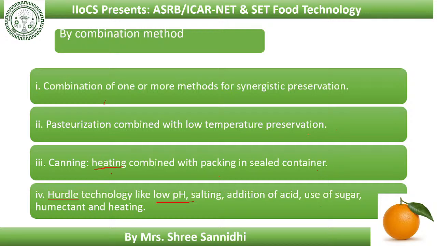The organisms which can survive at low pH will have to tackle the salt. Salting will create osmosis, right? So low water activity is created. The organisms which can survive here also will have to face the addition of acid and the addition of sugar or humectant. Like this, various methods of preservation are combined in one single technology called hurdle technology.